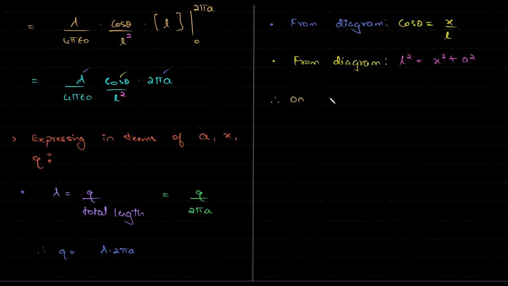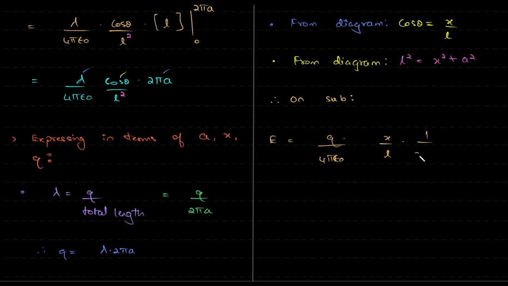Therefore, on substituting, what do we end up with? E is equal to lambda 2 pi a, I'm writing it as q. Cos theta, I'm writing it as x by L. Again, L has to be substituted. 4 pi epsilon naught will not go anywhere.